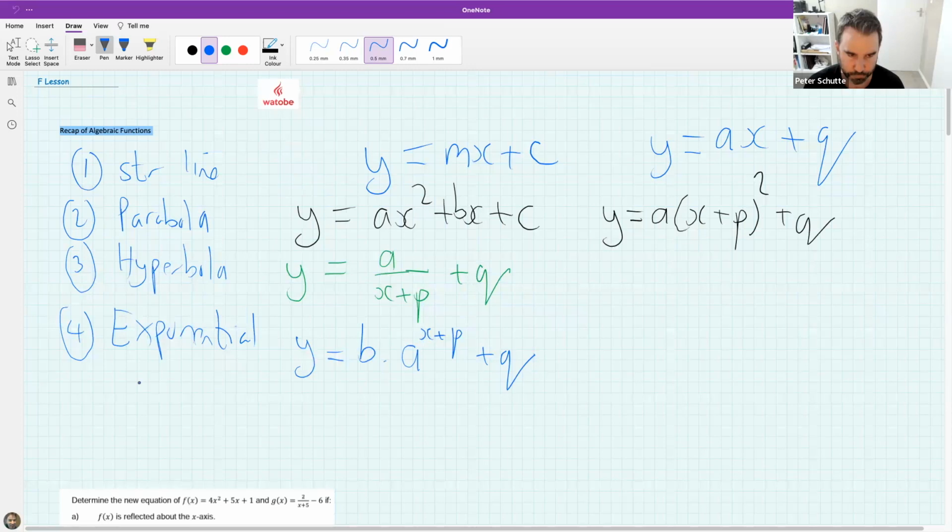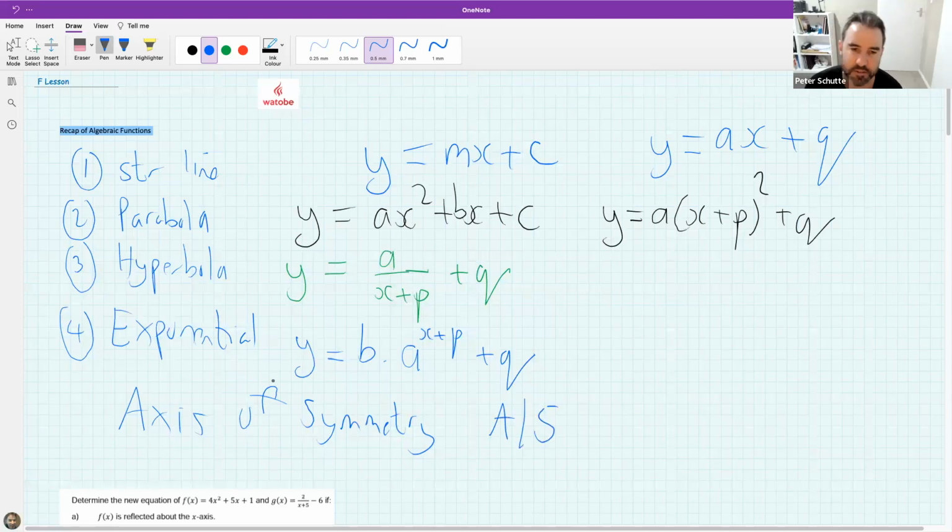So out of these 4, and you can name them 1, 2, 3, or 4, which ones have an axis of symmetry? Is it 1 and 4, or 2 and 3? Which of these 4 has an axis of symmetry, or an A/S? Put your answers like number 1, number 3, number 4, whatever you think, the ones that have an axis of symmetry.